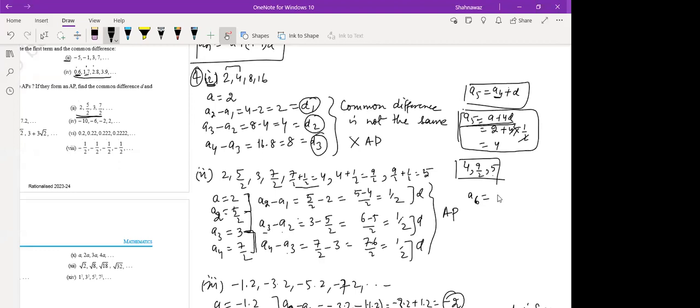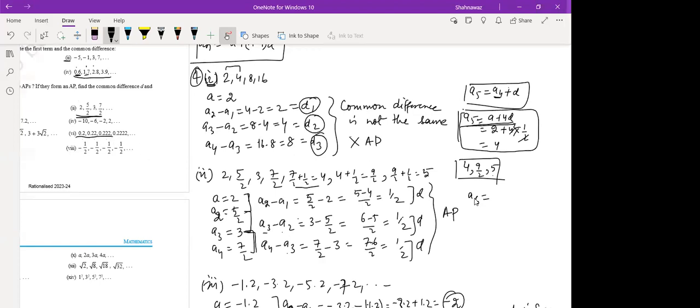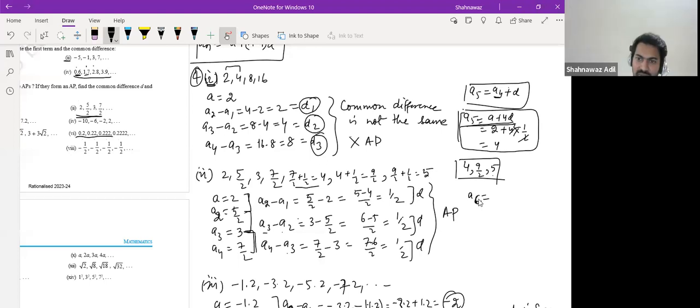It will be 0.2. A would be 0.2, A2 would be 0.22, A3 would be 0.2222. No, I'm not asking this question. I am asking what is the sixth term in the general form?